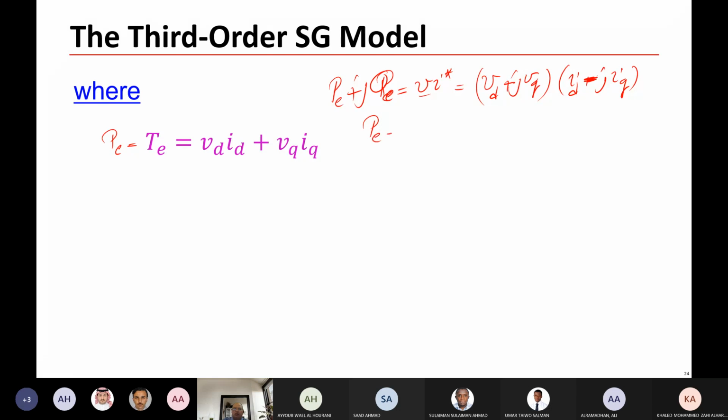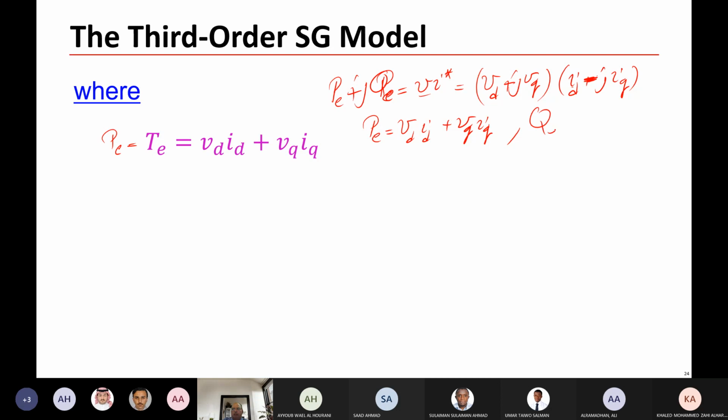So in this case, PE equal to the real part. A real part will come from VDID, and from minus J times J, so it will be VQIQ. So VDID plus VQIQ.